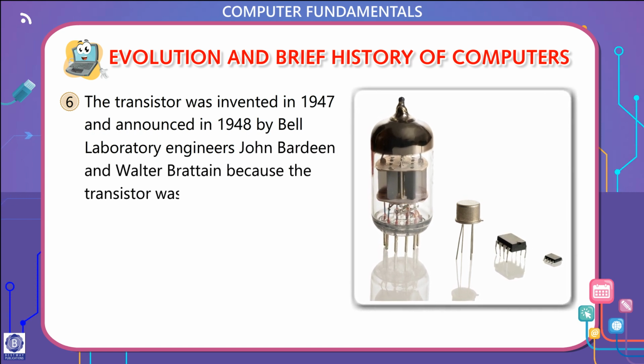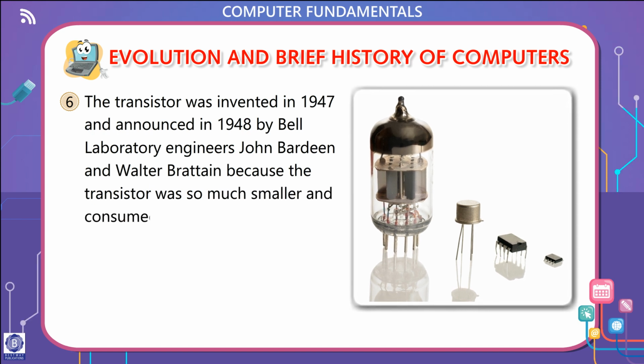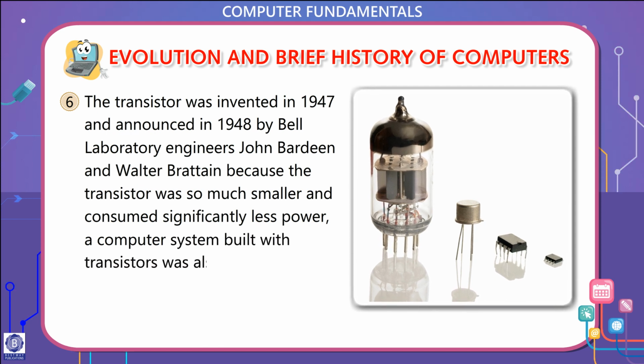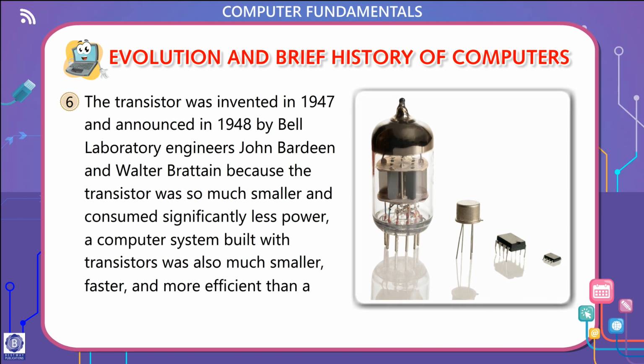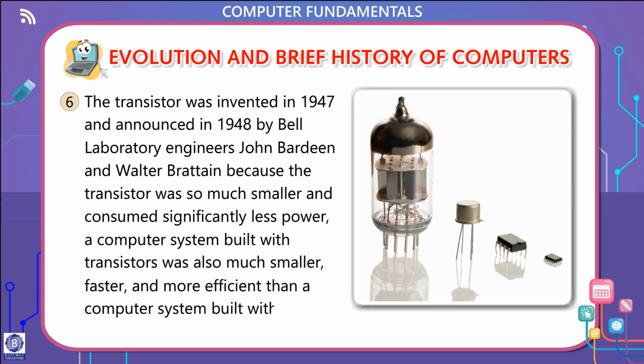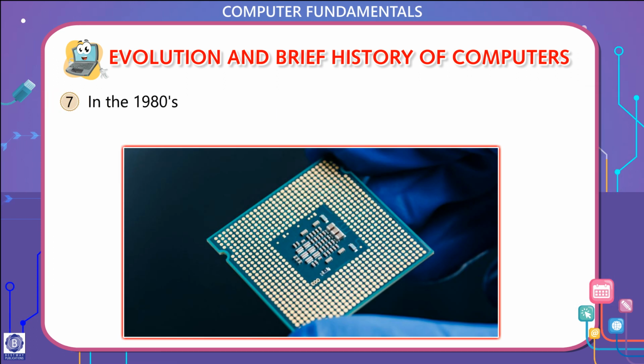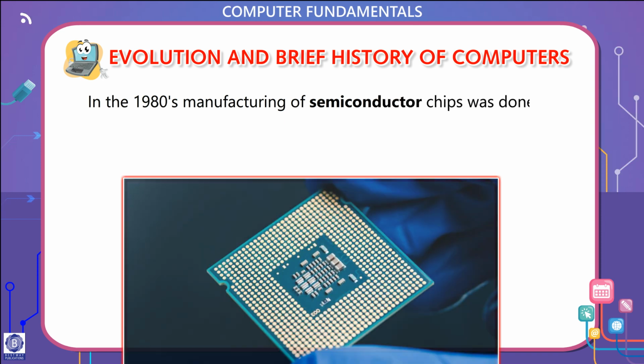The transistor was so much smaller and consumed significantly less power. A computer system built with transistors was also much smaller, faster, and more efficient than a computer system built with vacuum tubes.